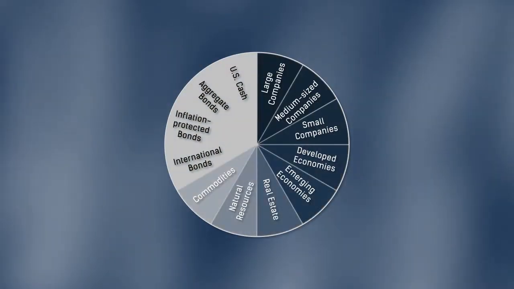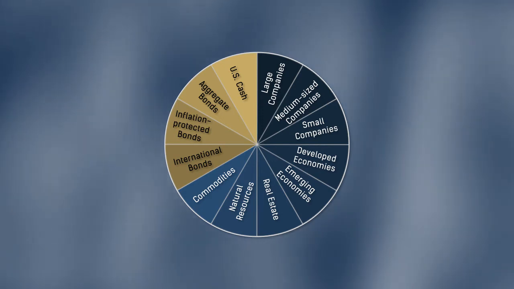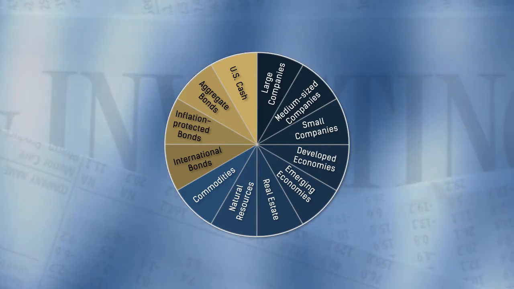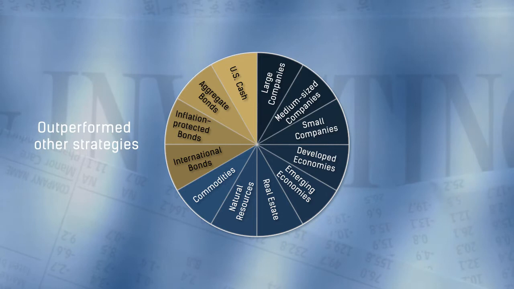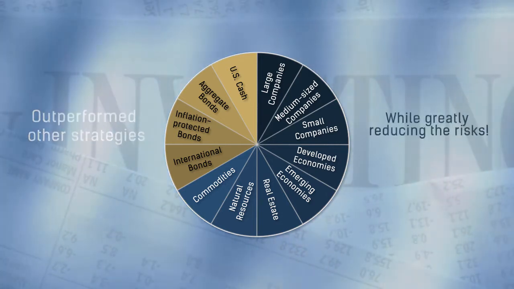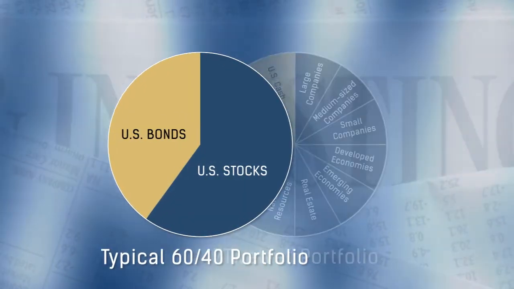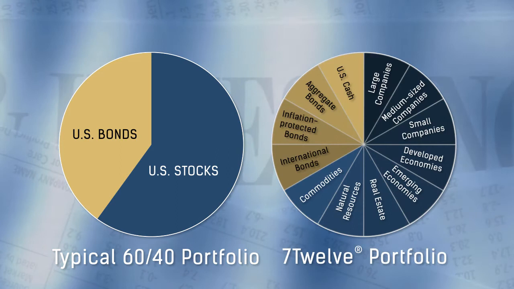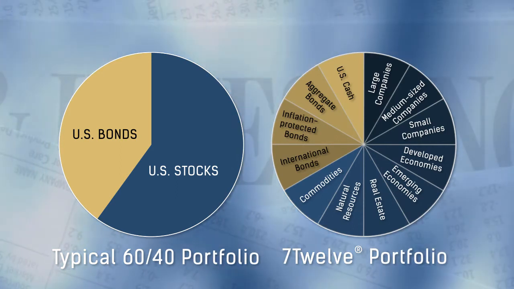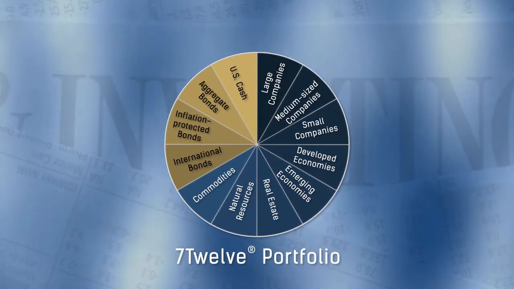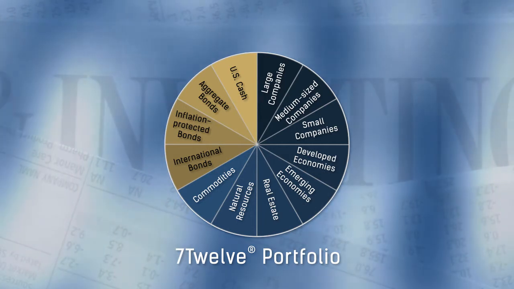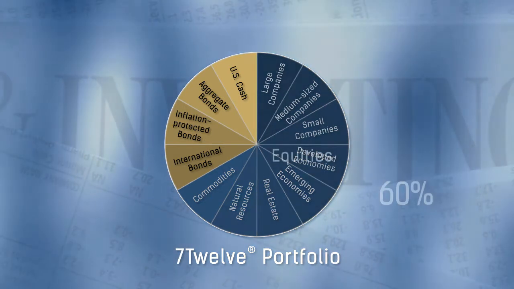That's right, his research shows that owning an equal percentage of the 12 subcategories has generally outperformed other asset allocation strategies while greatly reducing the risks. So, instead of having a portfolio that looks like this, a well-diversified 7/12 portfolio would look like this. Further examination illustrates that the total percentage of a 7/12 portfolio represented by equities equals about 60%.